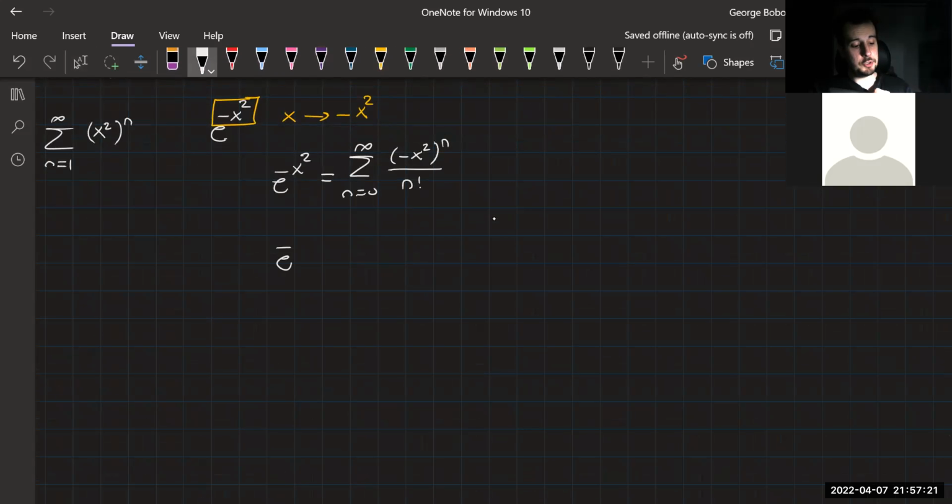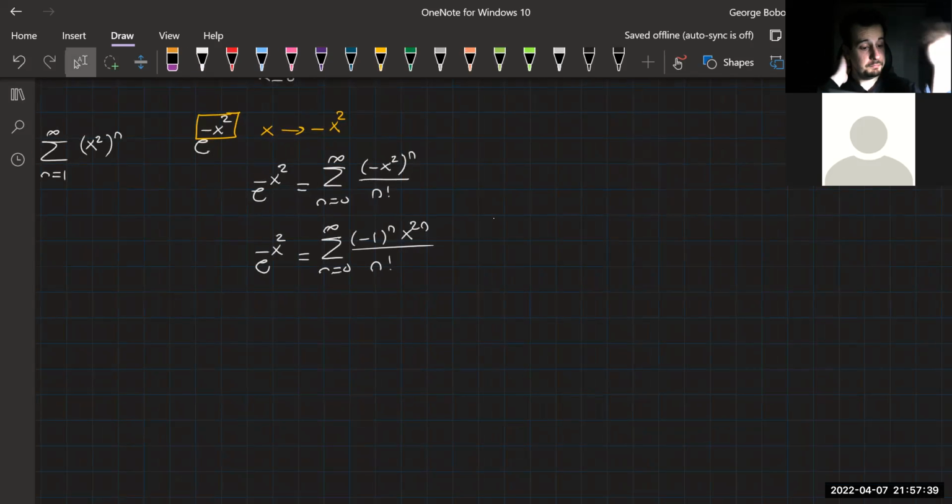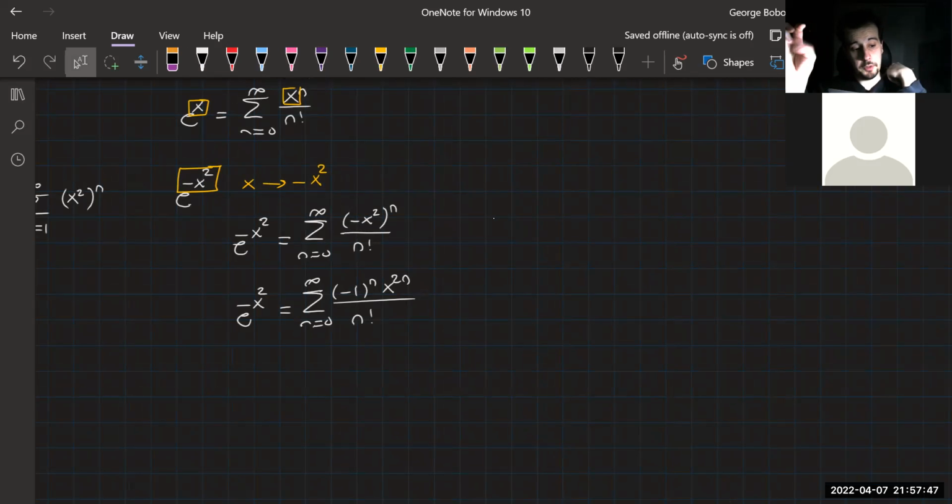So the Taylor series for this would simply be the sum from n equals 0 to infinity of negative 1 to the n power times x to the 2n over n factorial. And you conclude it there. It is that simple. You just look at what happened to x right now, and you go from there.